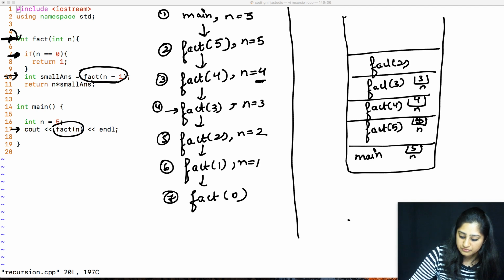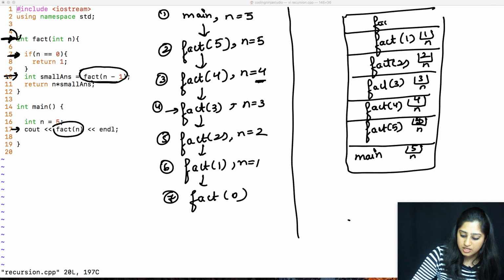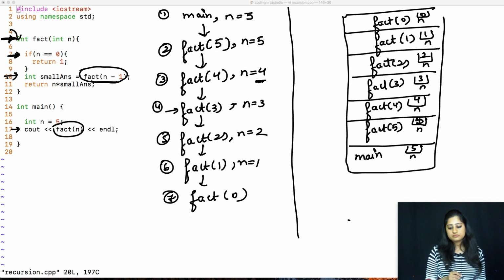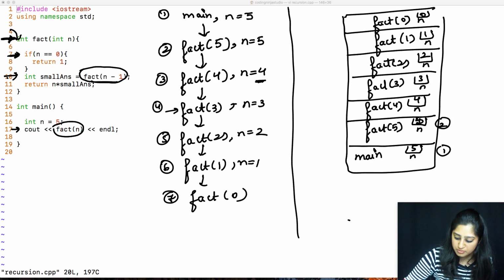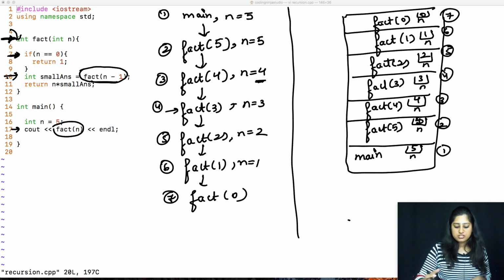Factorial 2, n value 2, factorial 1, n value 1 and factorial 0, n value 0. So this is how the calls took place. This was call number 1, call number 2, call number 3, 4, 5, 6 and 7. I have just drawn these calls into a stack here. So the calls are exactly the same.